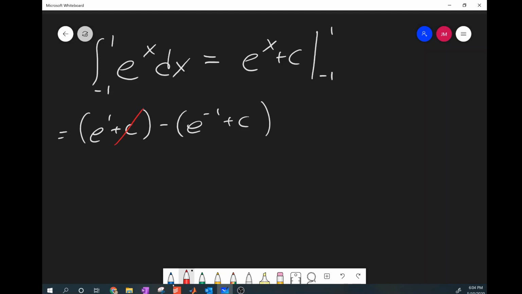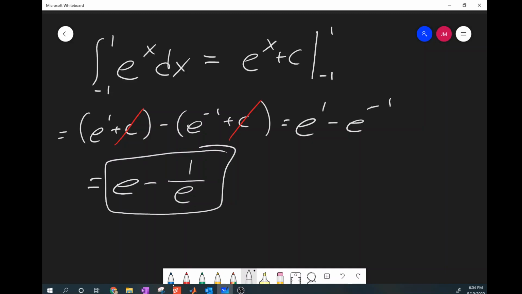Once more, our plus c's will cancel, and we get e to the 1 minus e to the negative 1. If we want to simplify that, e to the 1 is just e, and e to the negative 1, remember, a negative exponent just means it goes in the denominator, is 1 over e. And that would be your simplified solution.